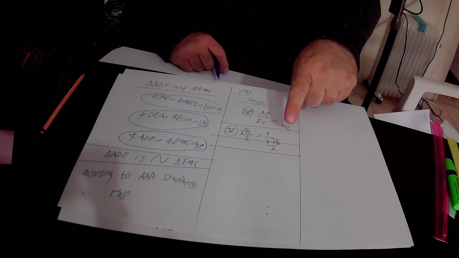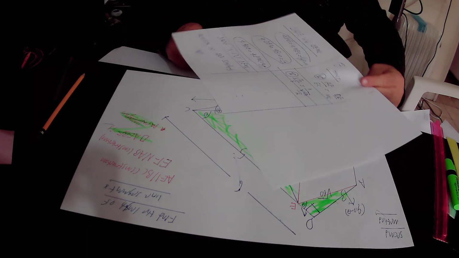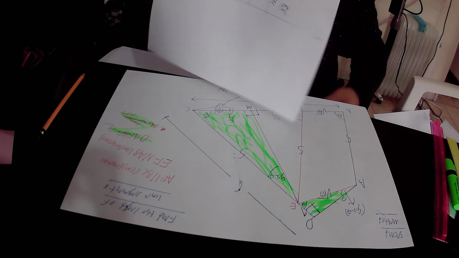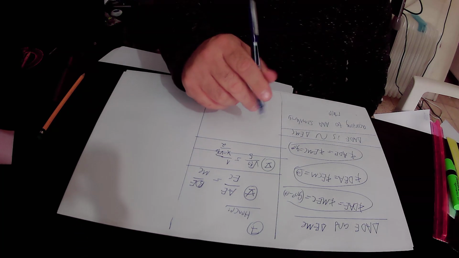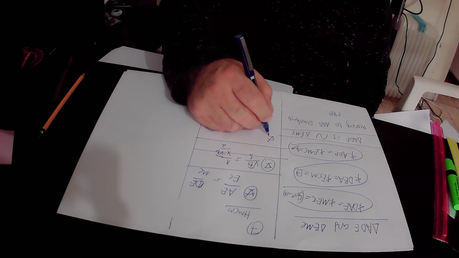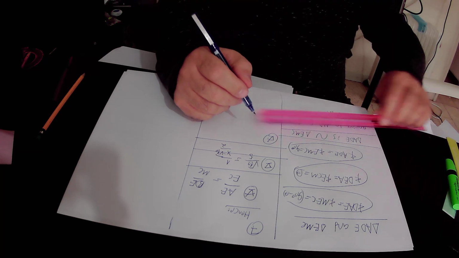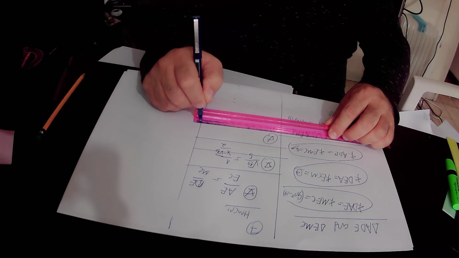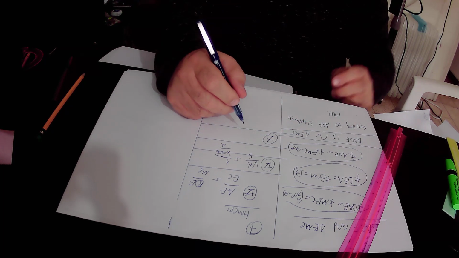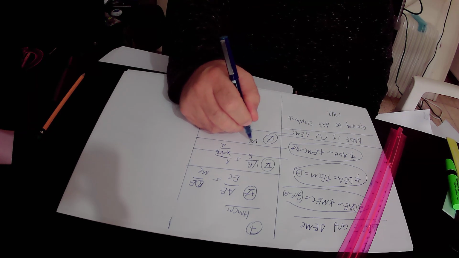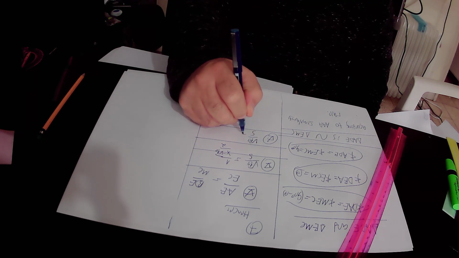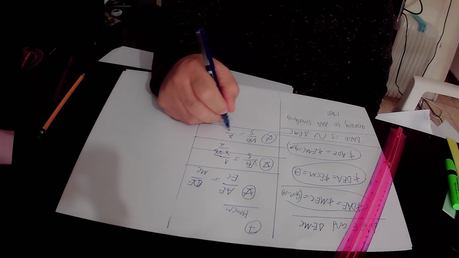So here we will move 2 to the numerator, and we will get that according to equation number 5, square root of 10 over 5 equals 2 over x minus square root of 10.